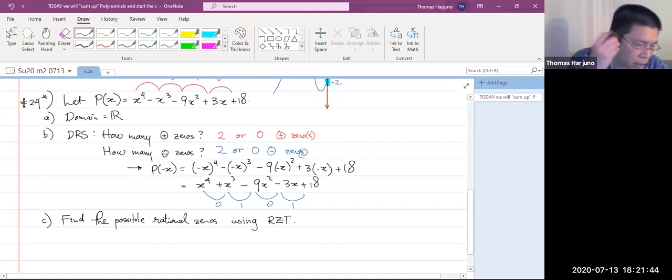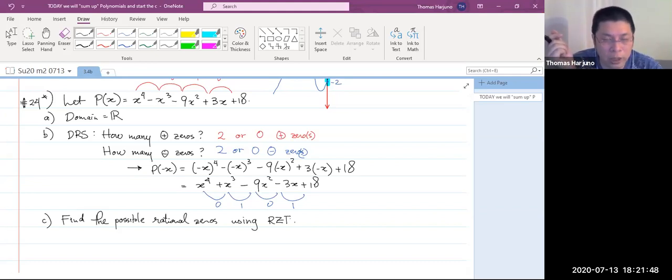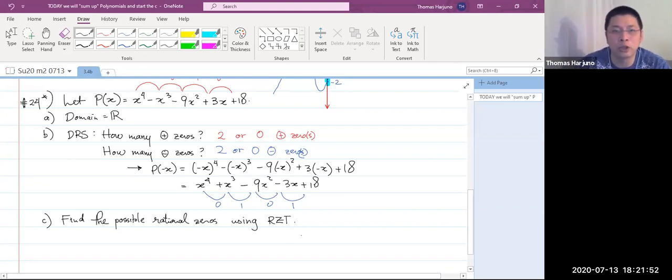Even if they have rational zeros, we don't know yet who they are, and the rational zero theorem is used to limit our options.